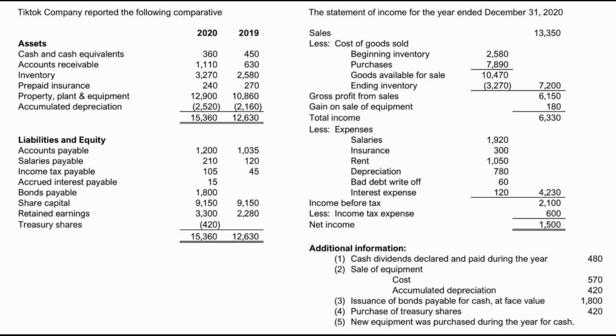So since the default presentation for interest expense is under the operating activity, we will not include the 120 interest expense as part of the adjustment in order to determine the direct method cash flow presentation of the financing activity. So that is why we will only consider the gain on sale of equipment of 180 and depreciation of 780.